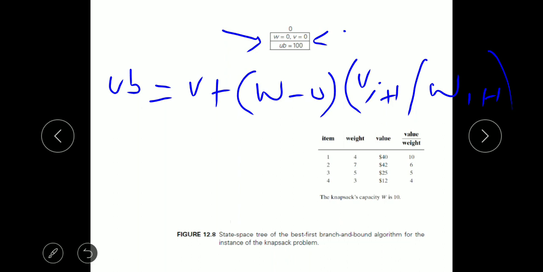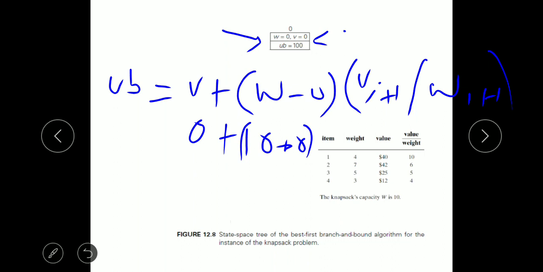The value of not including any element is 0, plus the weight of the knapsack, the capital W here is 10, minus small w, we are not including anything, so it is again 0.